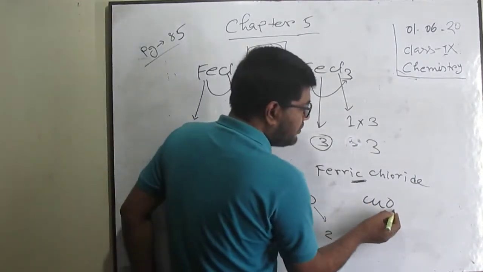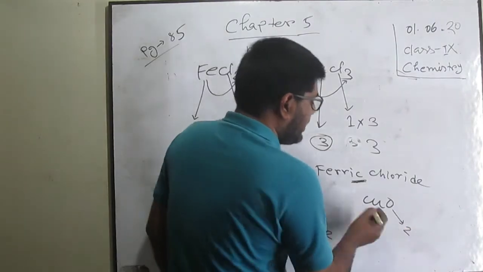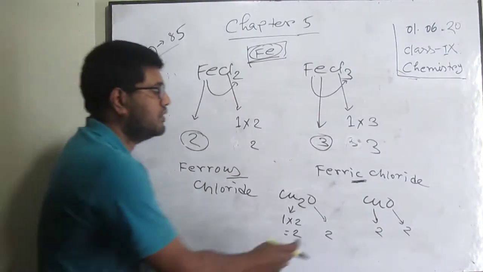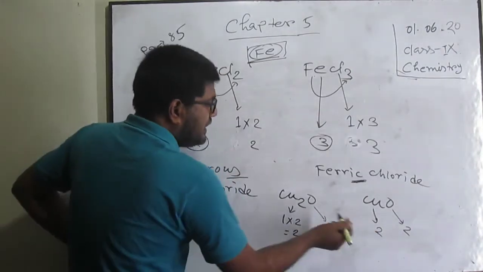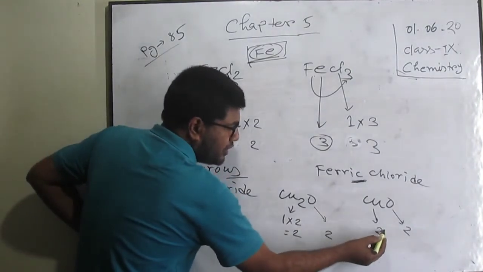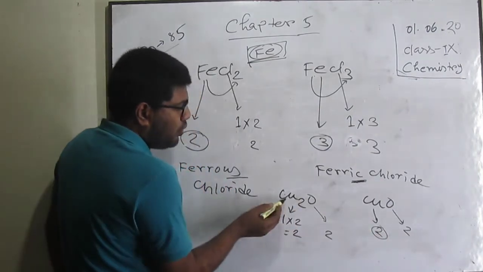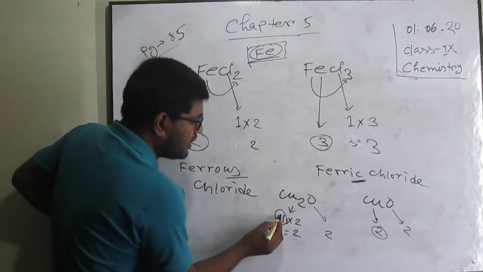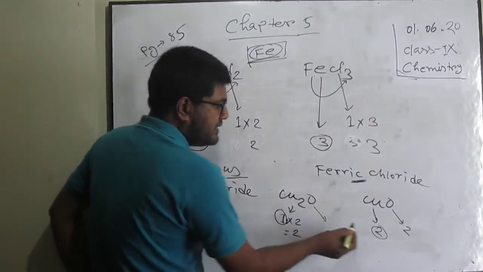Here 1 atom of oxygen accepts 2 electrons, and 1 copper has to donate 2 electrons. So individually 1 copper atom donates 1 electron here, and 2 electrons there. So this is the lower value and this is the higher value.